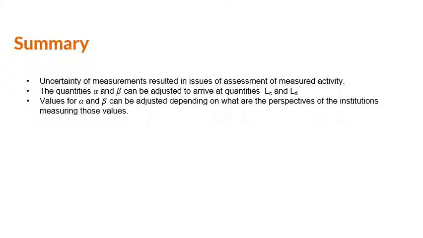So to summarize, uncertainty on measurements resulted in issues of assessment of measured activity. So yung may problem tayo doon sa measured activity. Tapos yung quantities alpha and beta can be adjusted to arrive at different quantities of LC and LD. So depende sa inyo kung anong gusto niyo alpha and beta.